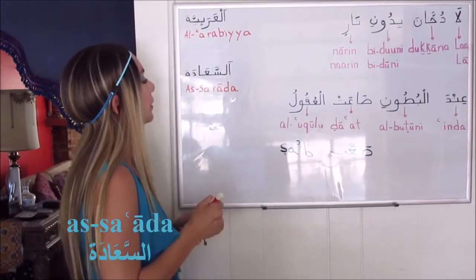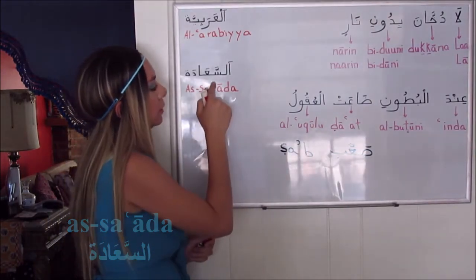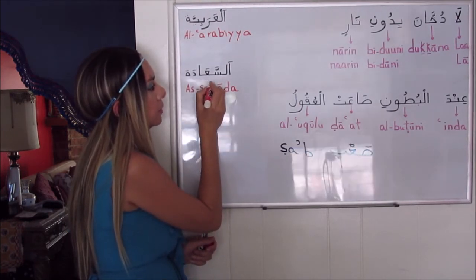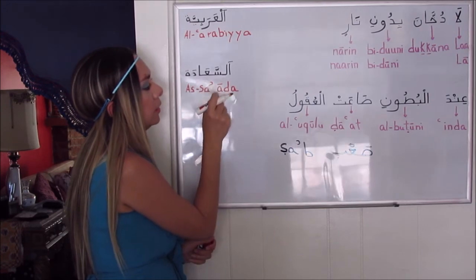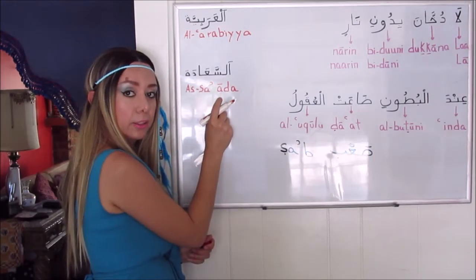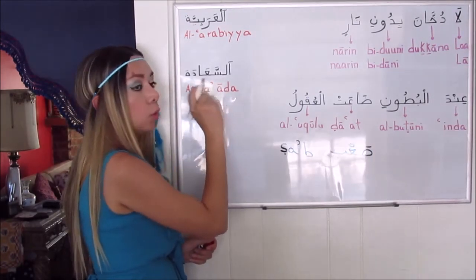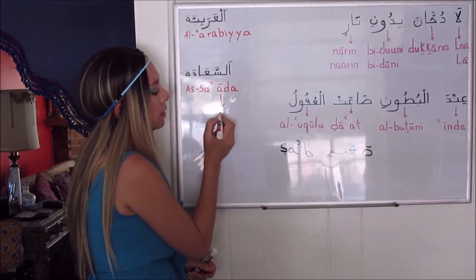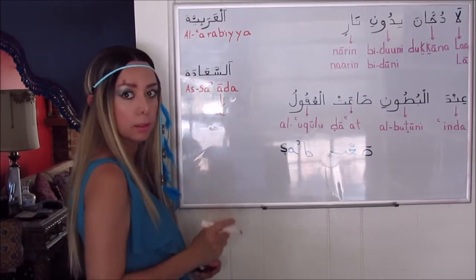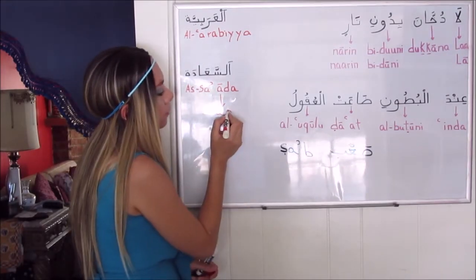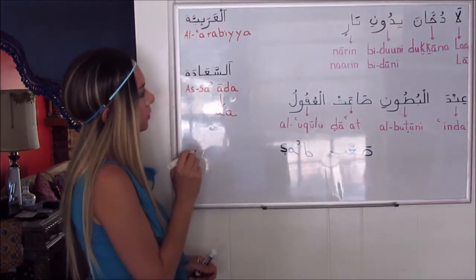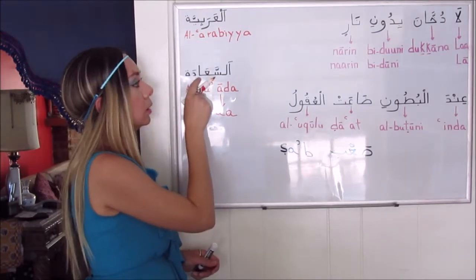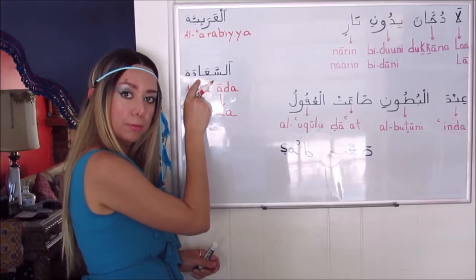And for the ayn here, this is wrong. It's not the R. We have the ayn and the letter A, the overlined A. This overlined A means that we have a long vowel fatha. We have two A's because the fatha is followed by the long vowel alif.